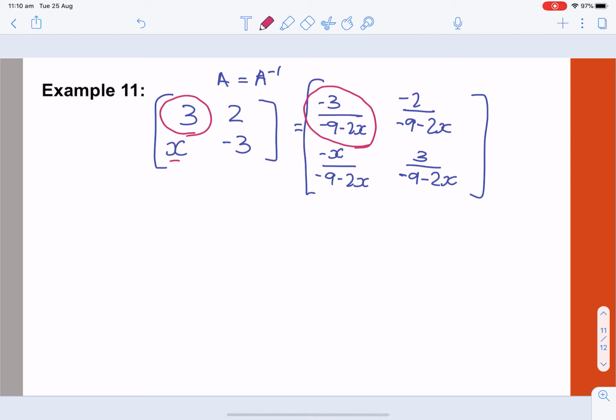I'm not going to use this x down here in that first matrix. I'm going to use one of the already determined numbers. And because A equals A inverse, each element equals each other. So that means that 3 is actually equal to negative 3 over negative 9 minus 2x. Then all I need to do is solve for x.